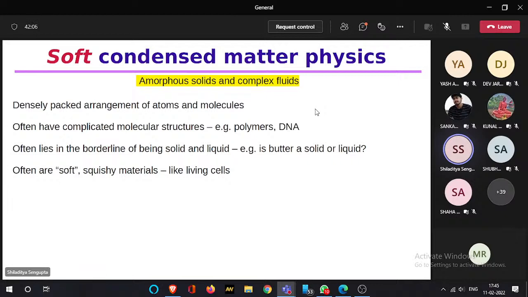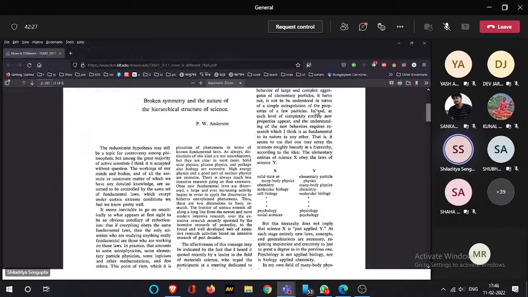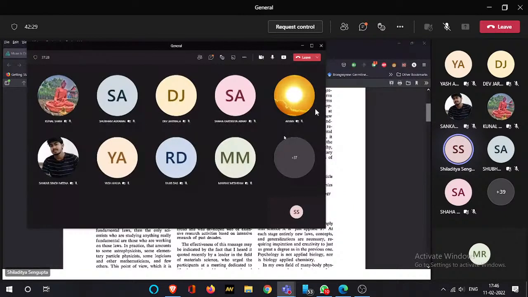Here, one of the biggest questions is: are these materials solid or liquid? That itself is very complicated, because the traditional way of describing them as solid or liquid does not work very well here. To give you an example, suppose I give you butter. What is this? Is butter a solid or a liquid?